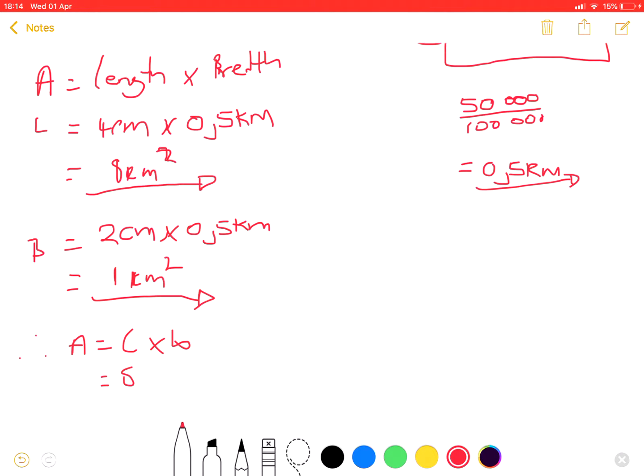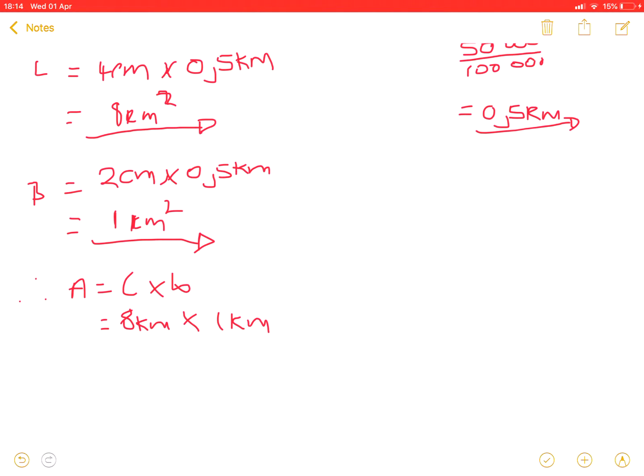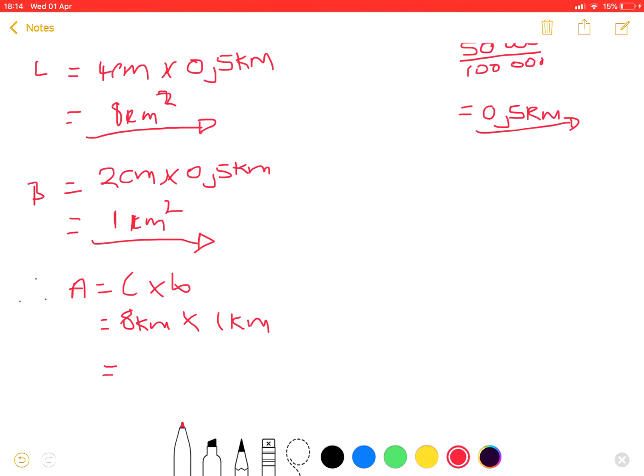Our length is 8 kilometers, and then multiply by our breadth, which is 1 kilometer. So what is going to be our final answer? We multiply 8 by 1, and then obviously we're going to get 8 kilometer squared. So this is our final answer when we are calculating the area.